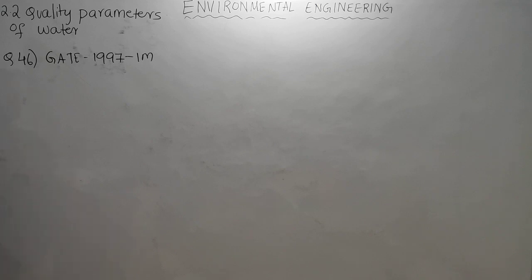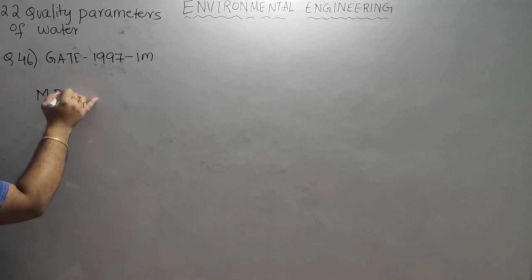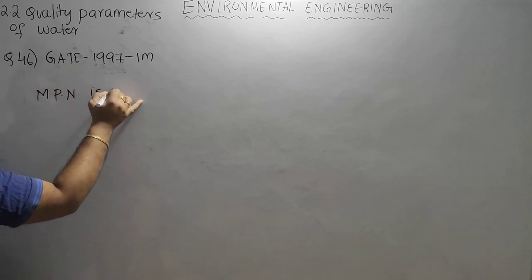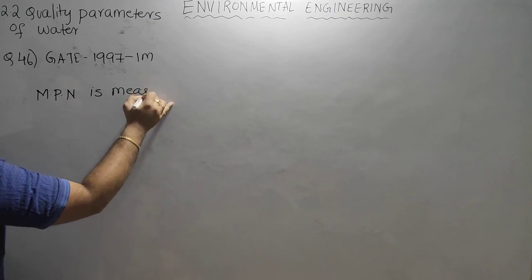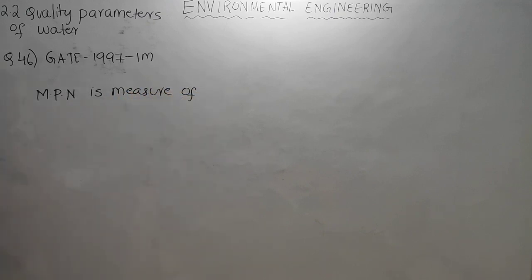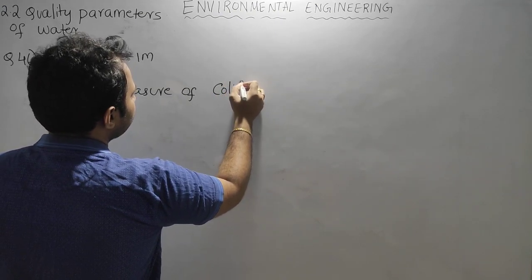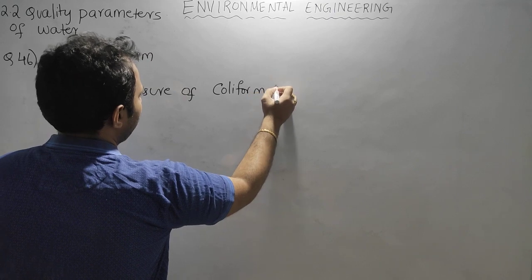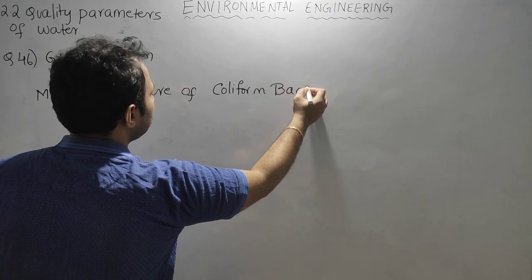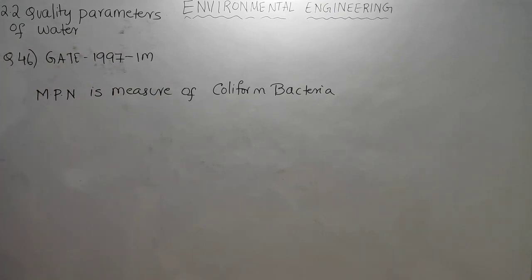MPN index, most probable number index, is a measure of what? Is a measure of coliform bacteria, that is the answer. The first option is the answer. Is a measure of coliform bacteria. Very simple question this is.